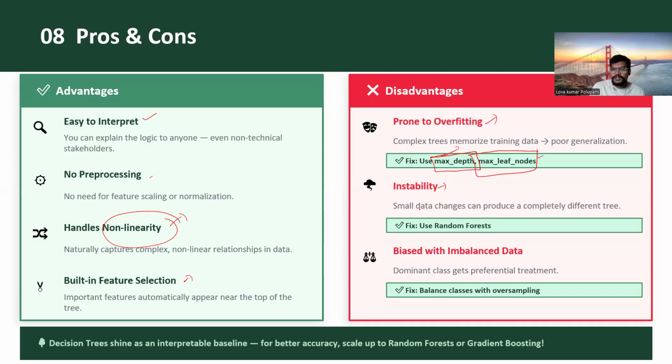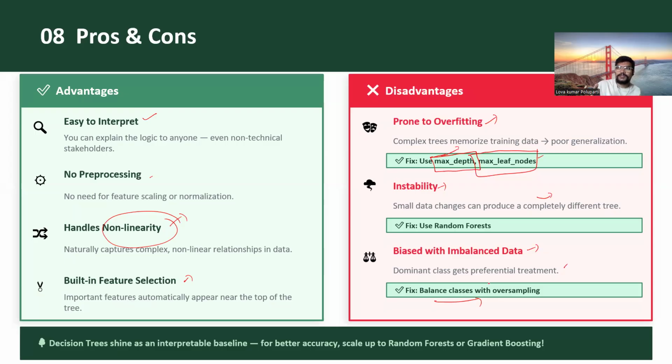Because of a large amount of complex data, it cannot handle that, and it takes a long time to train on the complete data set. And an imbalanced data set also gives wrong predictions. At that time you need to balance your data set.